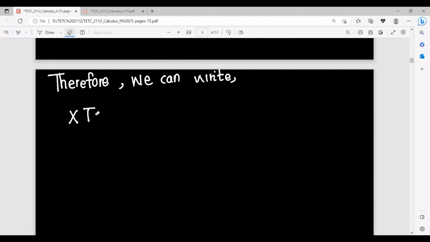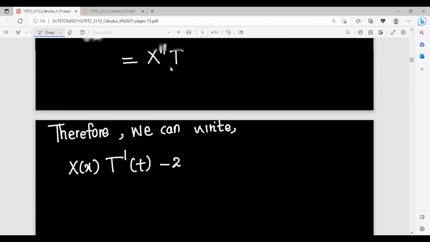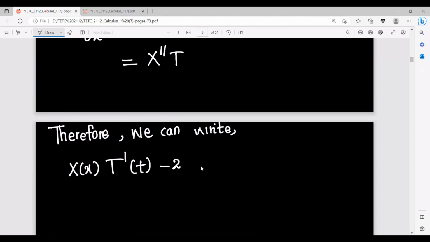I will write it with full terms: capital X is a function of x, capital T is a function of t, so X(x) T'(t) minus 2 times X double dash(x) T(t) is equal to 0.